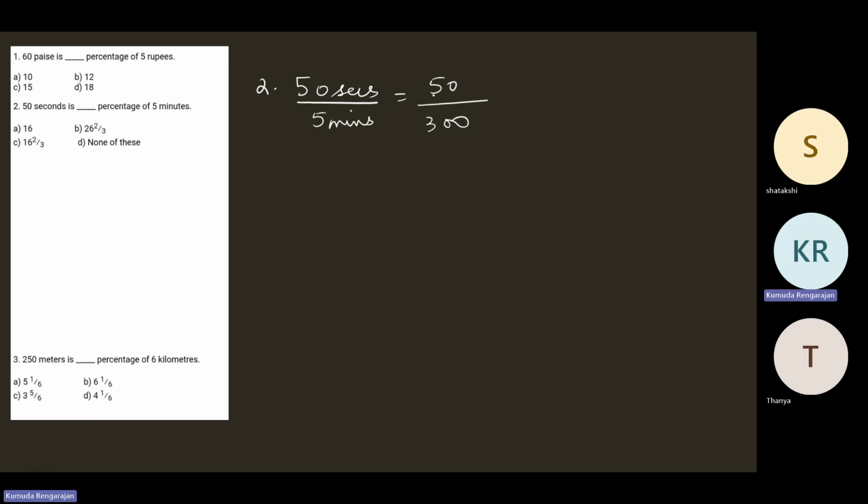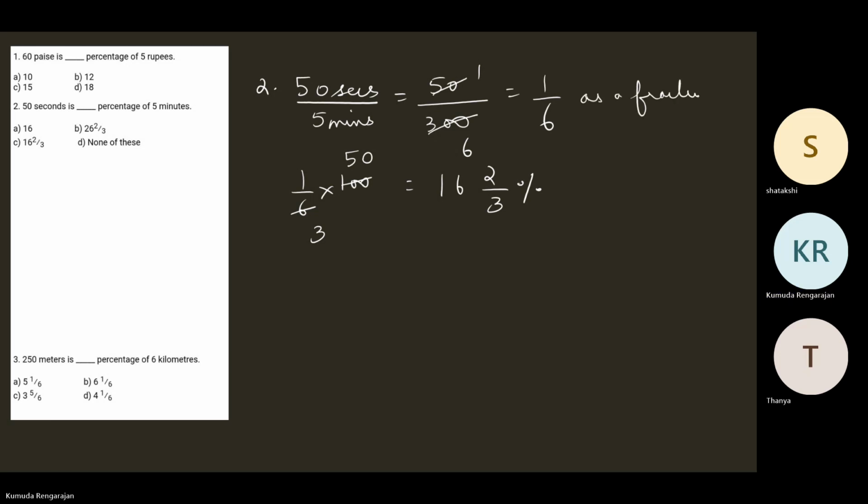So the fraction is 1 by 6. So 1 by 6 into 100 to find the percentage. That is 50 by 3, which is 16 2 by 3 percent. This is the answer for the second one.